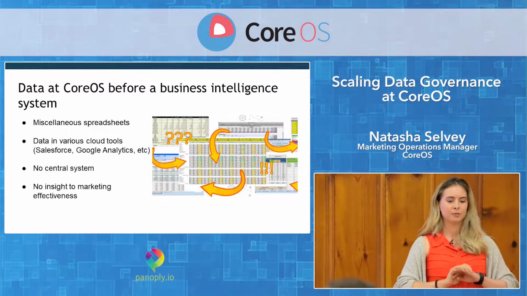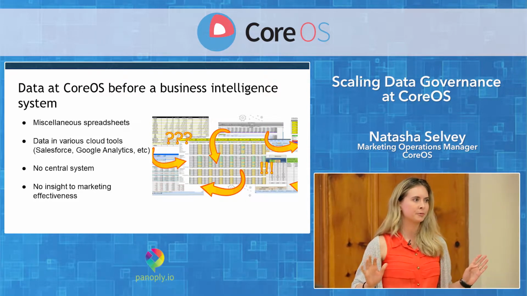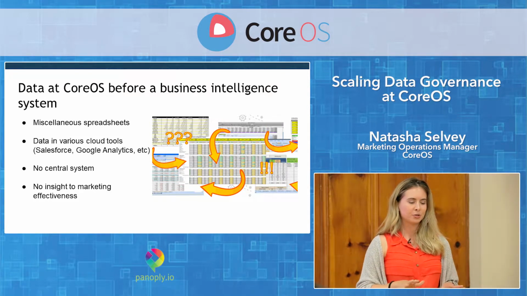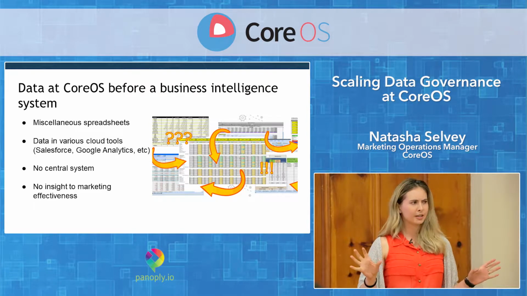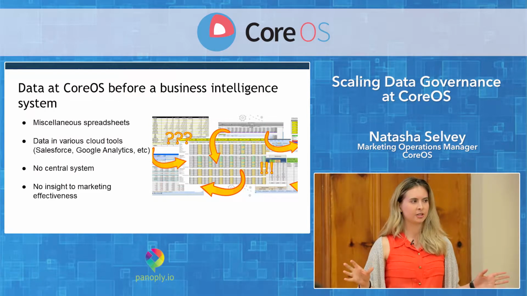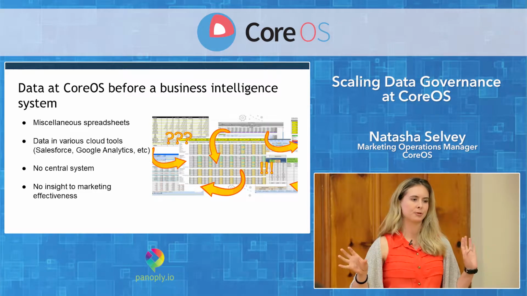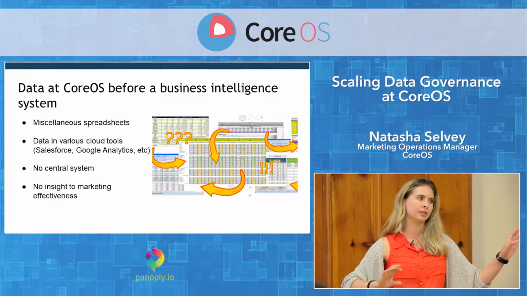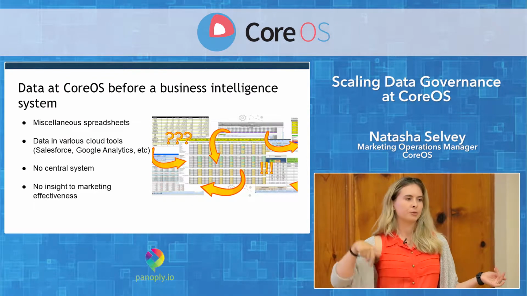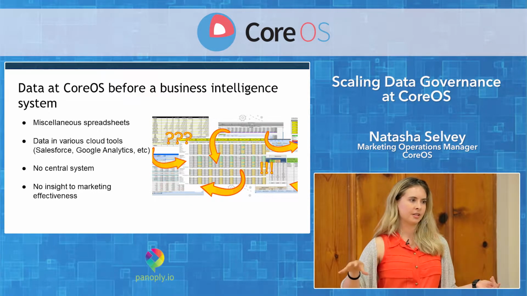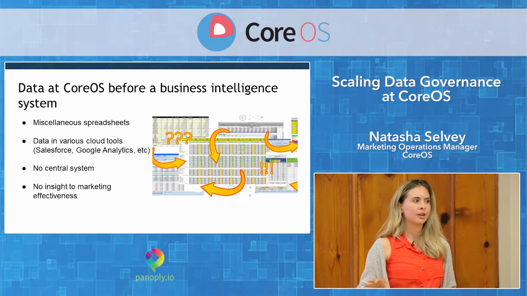Before Chartio and Panoply, before we had BI, the situation at CoreOS was messy. Data analysis was really just being done in spreadsheets and in the various platforms, like Salesforce and Google Analytics. Then you'd export the spreadsheet, do more analysis there, save it, and pass it around.